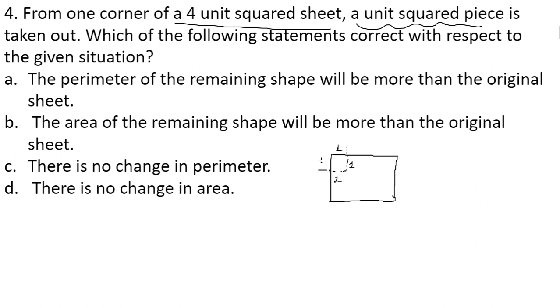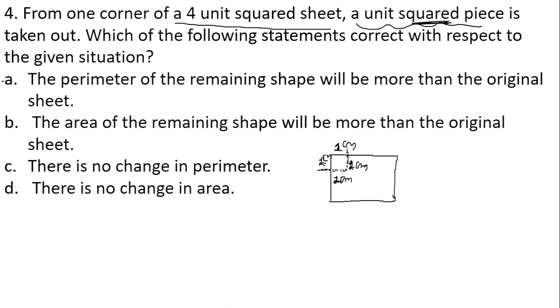For example, let us consider the side of this unit that we are taking out is 1 centimeter. We know that all the sides of a square are equal. So if we are removing a 1 centimeter piece, all sides are 1 centimeter each. So we are removing this 1 unit square part from this square sheet.